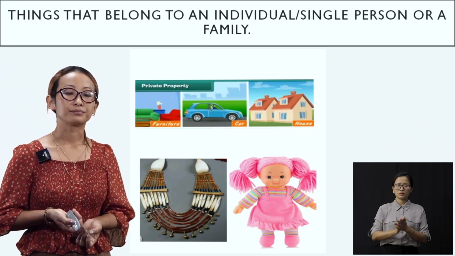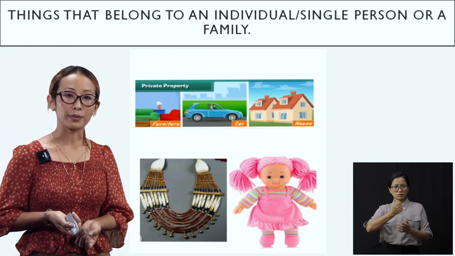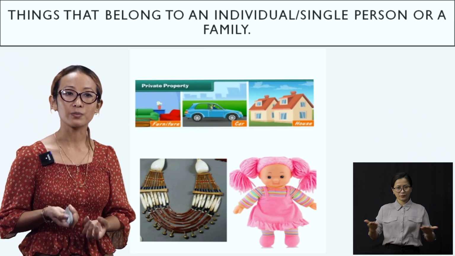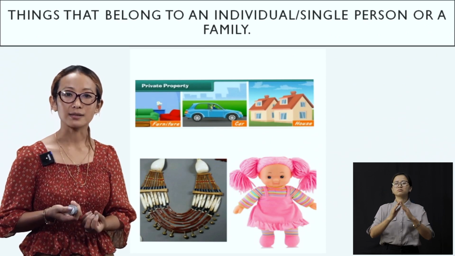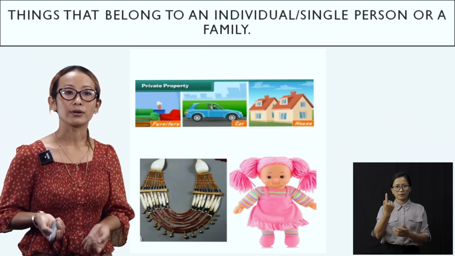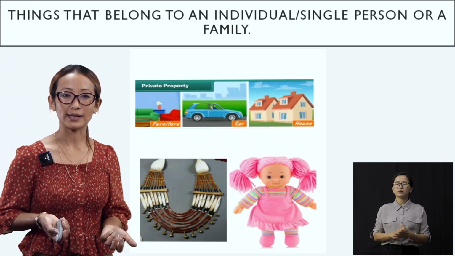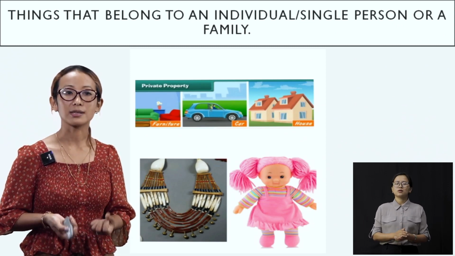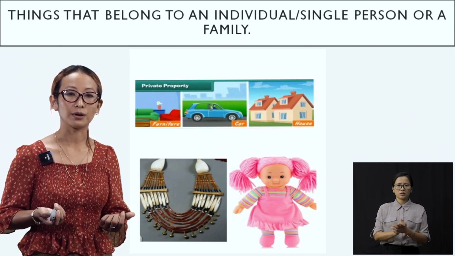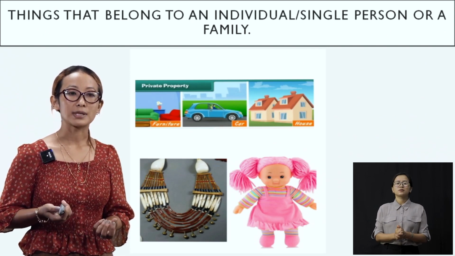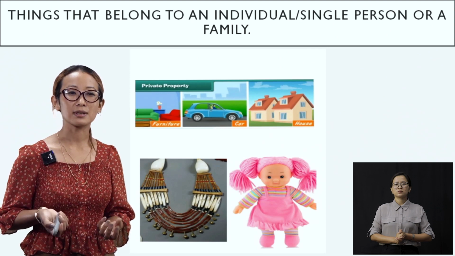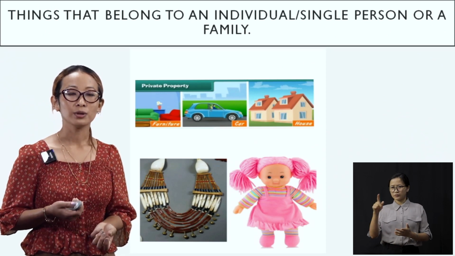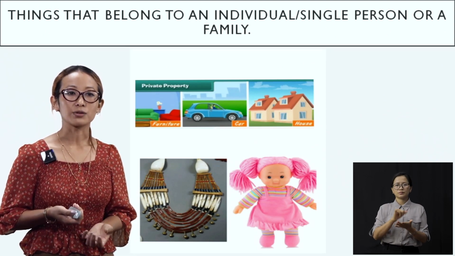So for private property such as a house, the house belongs to your family only. It does not belong to others or to anyone else. Or your toy, a doll, it belongs to you. It does not belong to anyone else. Yes or no? And other persons do not have any right to use that without your permission.